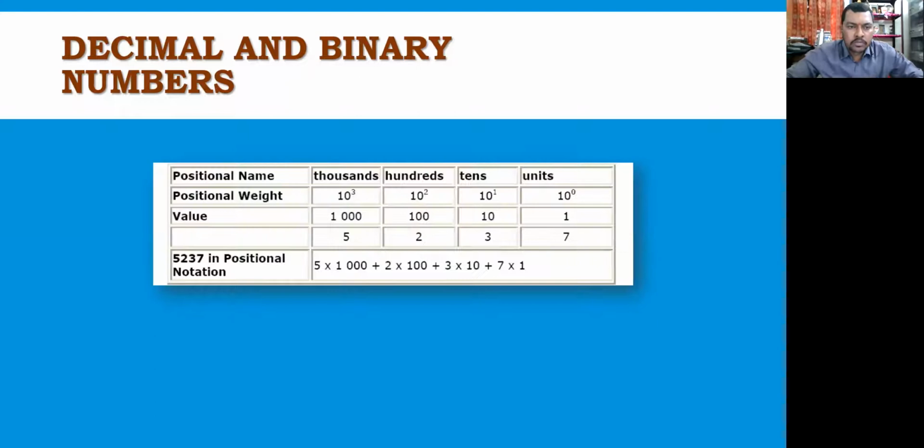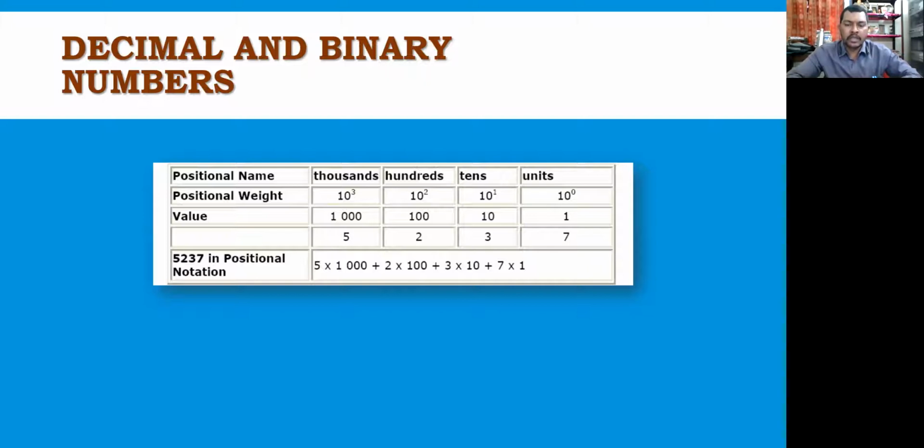Yeah. So this is the basic of the decimal number system that we have. The positions of this are thousands, hundreds, tens, and units place. So we have 10 raised to power 0, 10 raised to power 1, 10 raised to power 2, and 10 raised to power 3.